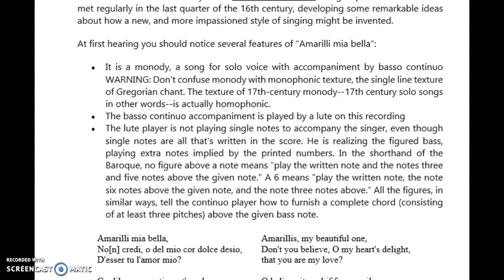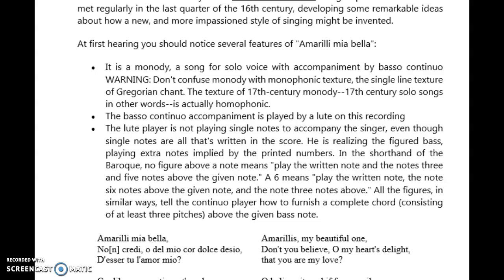Monophonic texture is a single line texture that I found in Gregorian chant. The texture of the 17th century monody is a solo song accompanied, so it's actually homophonic. And there you see your one answer. The basso continuo accompaniment is played by a lute on this recording. So I want you to listen to the sound of the lute.